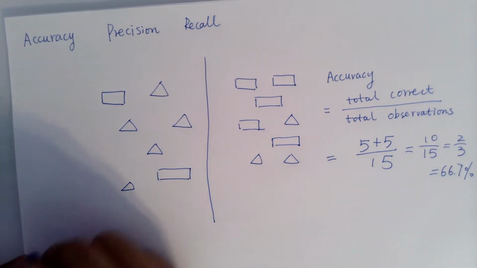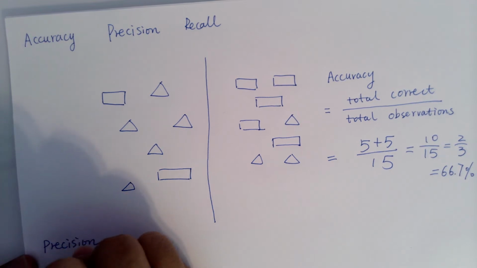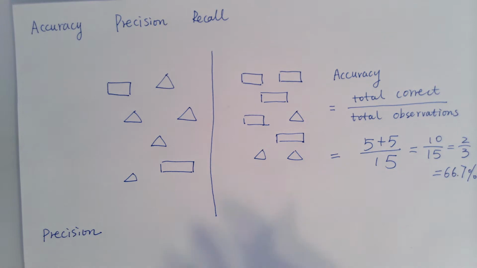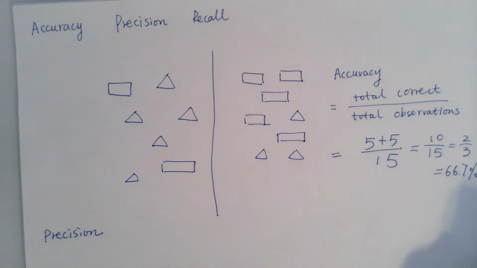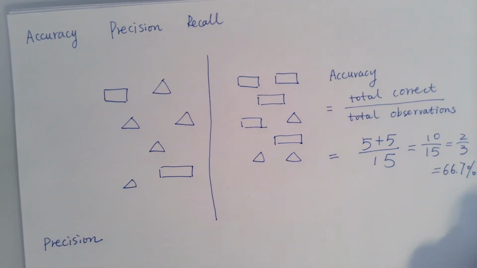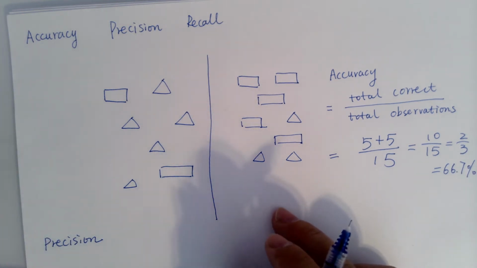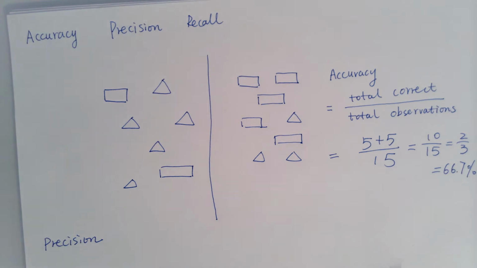But now, if we want to go to precision, how do we handle that? First of all, to talk about precision, you need to focus on one class, either the triangle class or the rectangle class. Suppose we focus on the triangle class.